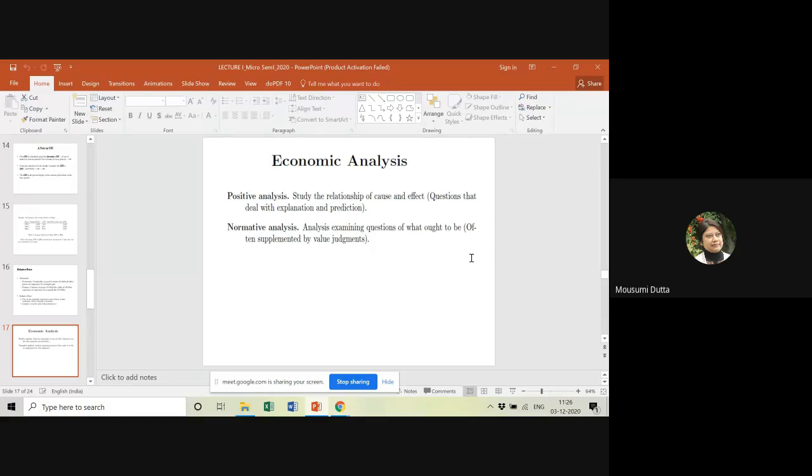Demanders and suppliers are the main players here. They will come here, interact in different ways, and we will get a sense of different types of markets. Third, when these individuals interact with each other, what will be the mechanism by which they can interact? You need some common element.